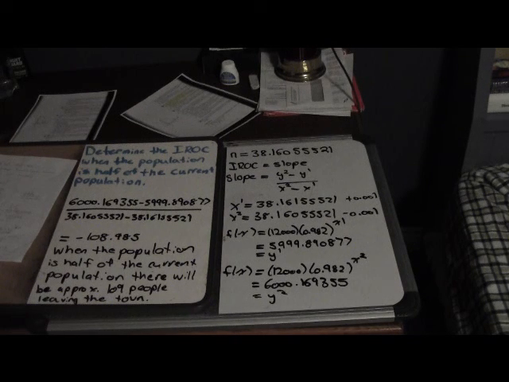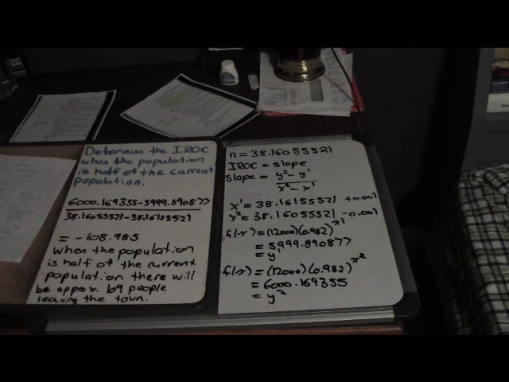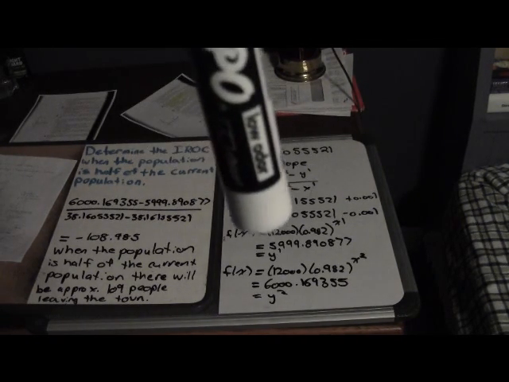Now if you do f of x equal to 12,000 times 0.982 to the exponent x1, or to the exponent 38.161555521, you get your y1 value. Your y1 value in this case is 5,999.890877. So there we have our x1 and our y1 values.